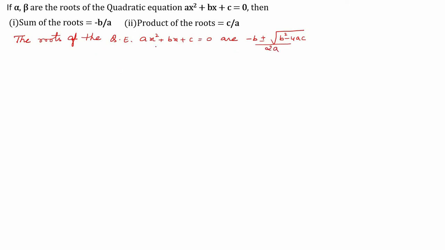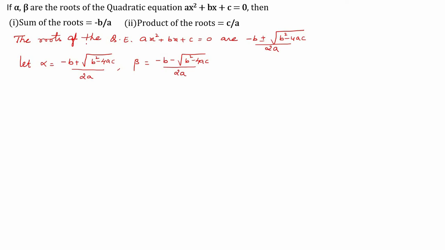So we have two roots in this equation. We take one root as alpha and the other root as beta. So let us take alpha as one root, minus b plus under root of b square minus 4ac whole divided by 2a, and the other root we will suppose as beta, minus b minus under root of b square minus 4ac whole divided by 2a.